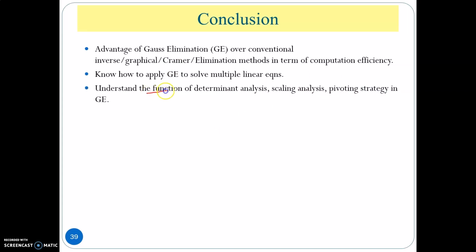You also need to know and understand the function of determinant analysis. So why do we perform the determinant for the matrix A, where your A is equal to the system matrix? You must also know why you need to perform the determinant together with the scaling. Without the scaling, the determinant result is not reliable.